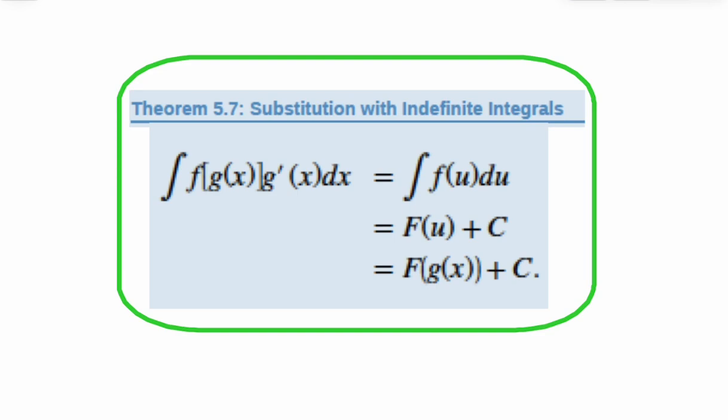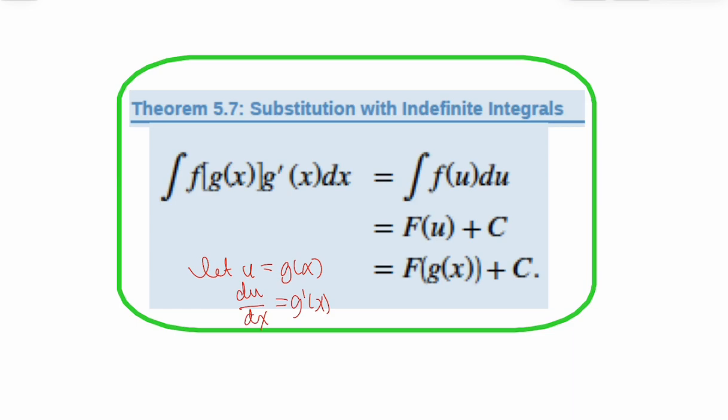If we have a function with a function inside and we see its derivative on the outside, the way that we're going to do it is we are going to think about the fact we're going to let u equal the function inside so that du dx will be the derivative of the function inside.